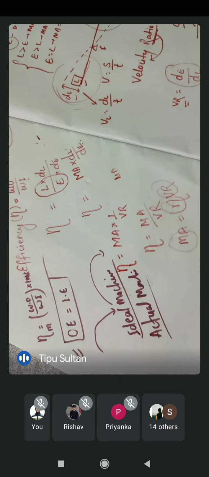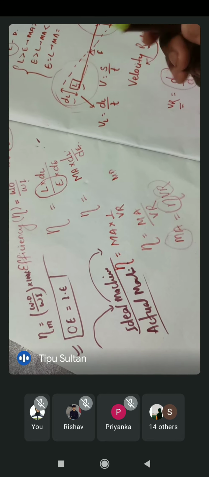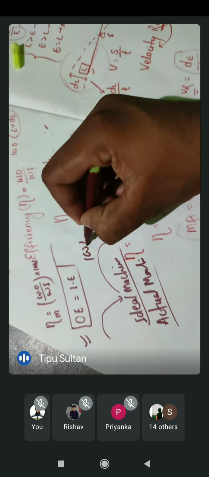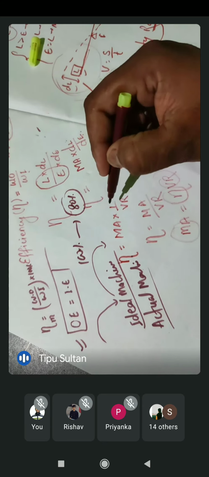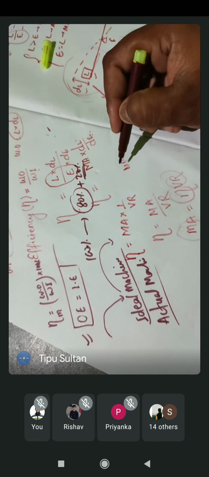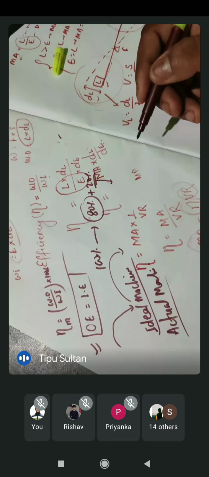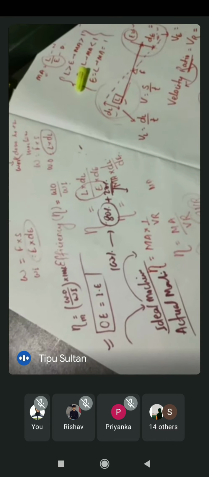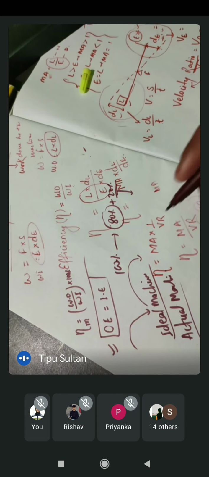It means if you give 100% of energy to the machine, then 80% of energy will be used by the machine, but 20% of energy is wasted as heat energy due to the weight of the machine, the roughness of the parts, and friction. So this is the actual machine.